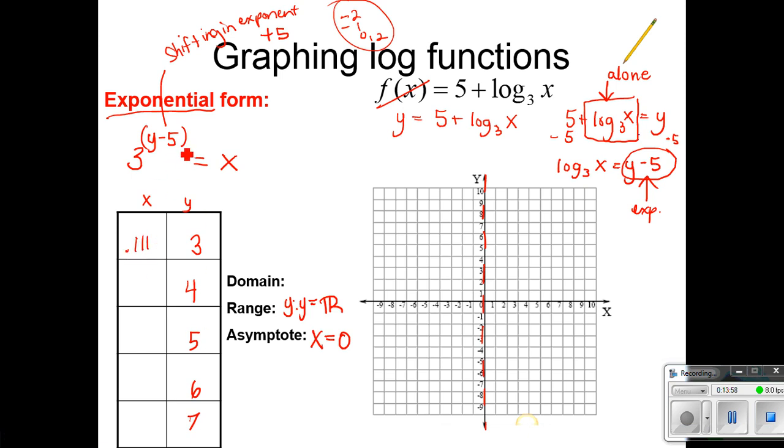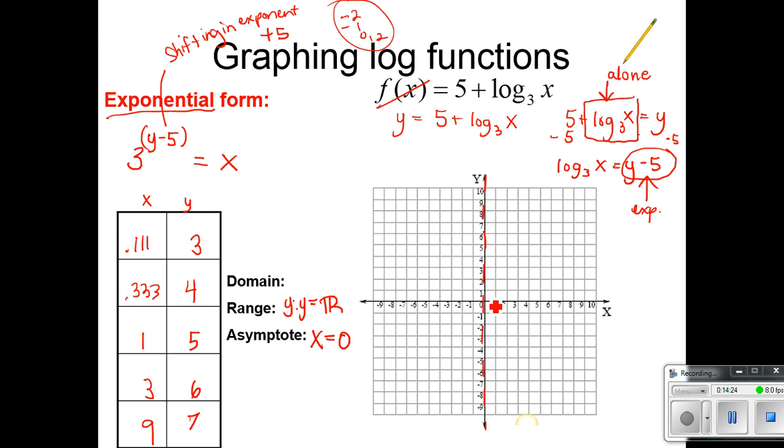Then if I plug a 4 in there, 4 minus 5, I'm going to get a -1, and 3 to the -1 is 0.333. 5 minus 5 is 0, and 3 to the 0 is 1. And 6 minus 5 is 1, and 3 to the 1 is 3. And 7 minus 5 is 2, and 3 to the 2 is 9. And so those are my new values.